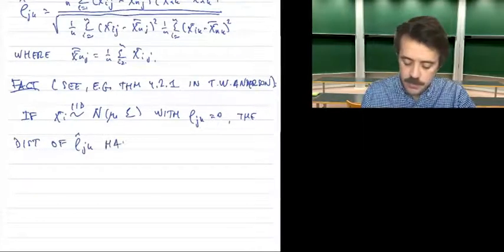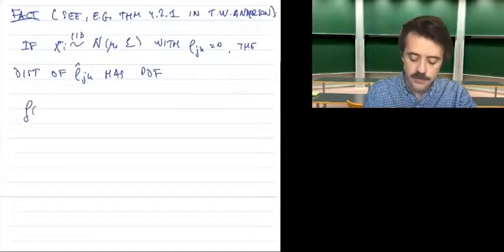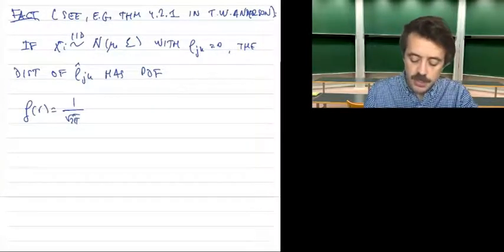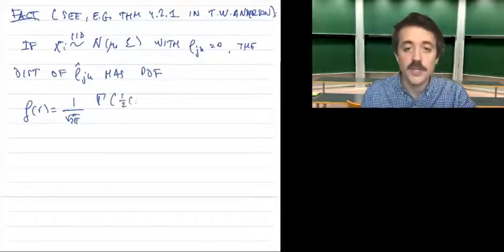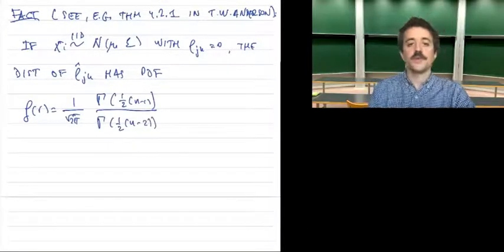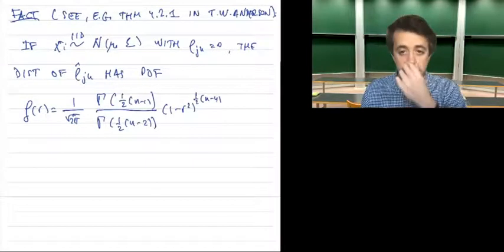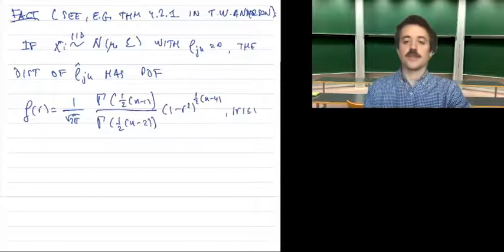It has PDF given by the following: f of r equals 1 over square root of 2 pi, and then we get the gamma function, gamma of 1/2 (n minus 1) over gamma of 1/2 (n minus 2). And then the r dependence is just given by this, for r less than or equal to 1.